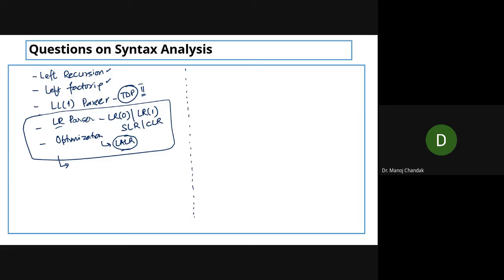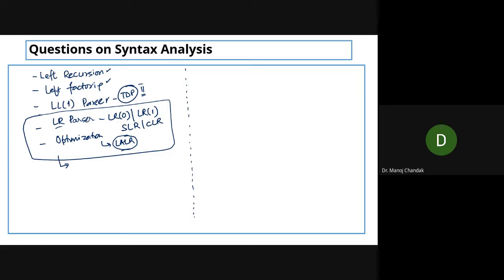Okay, so just to check whether some concepts on this are covered during your course in compiler at your institute, or should I touch all this? Can you just put something in the chat window related to these points? Anyone who has covered left recursion or left factoring or LL1 or finding first, finding follow. If you can put something on this, it will be helpful for me to understand what you know.